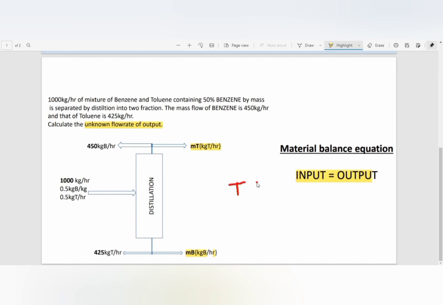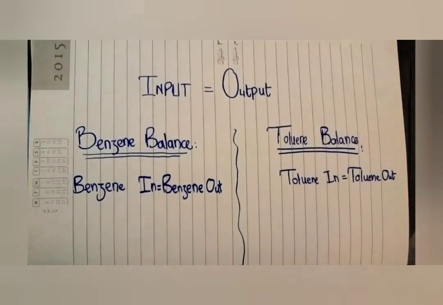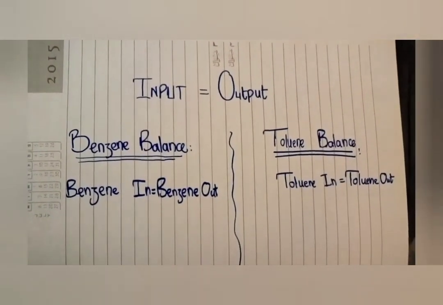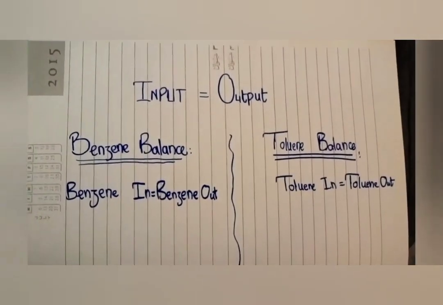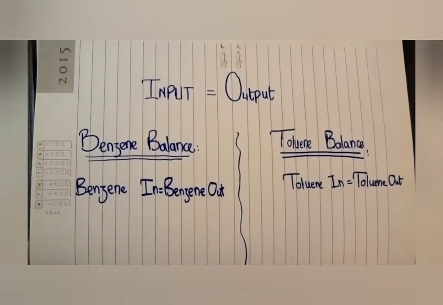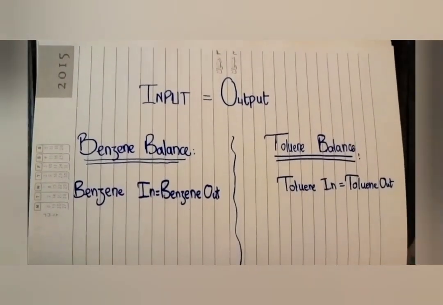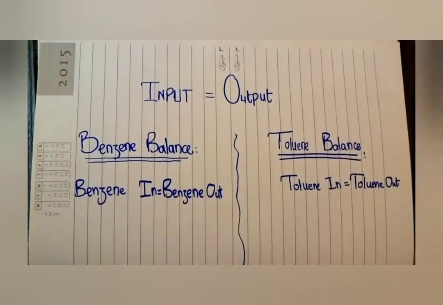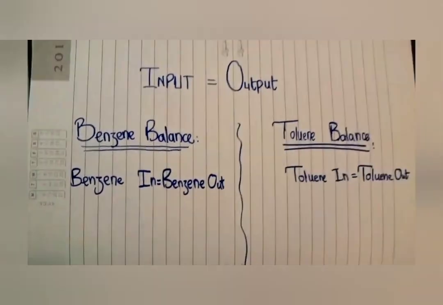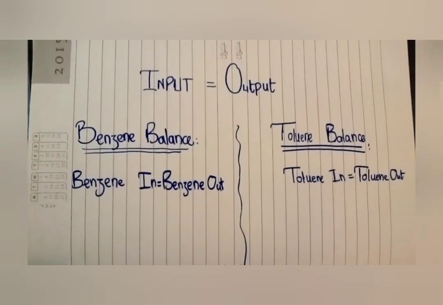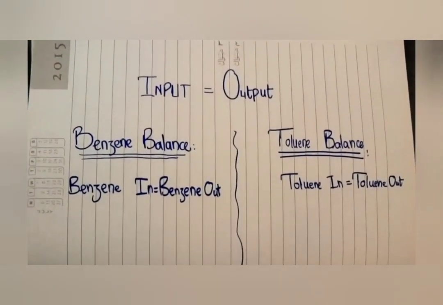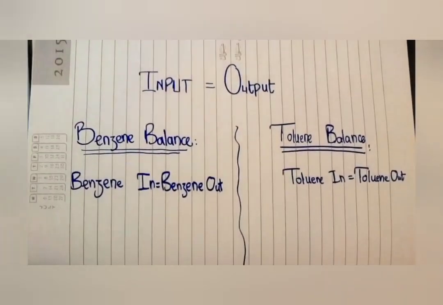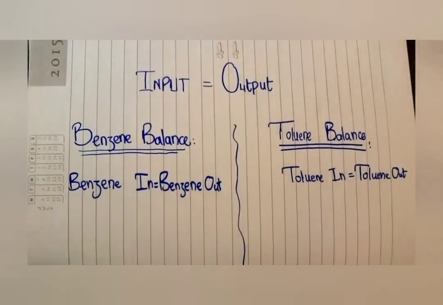Now just see what we will actually do. We equate input and output, as I mentioned, for the steady state case. Here we have two components, benzene and toluene.